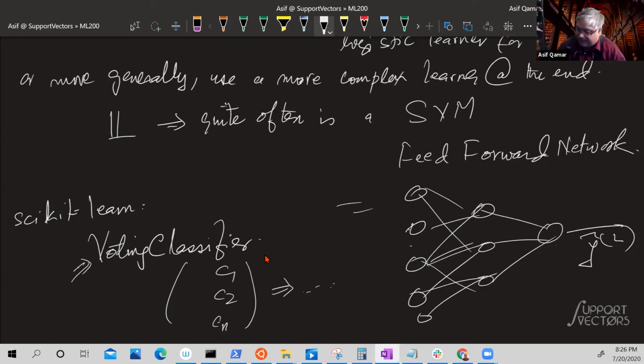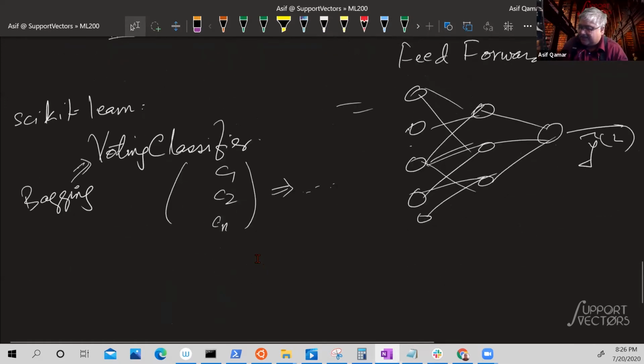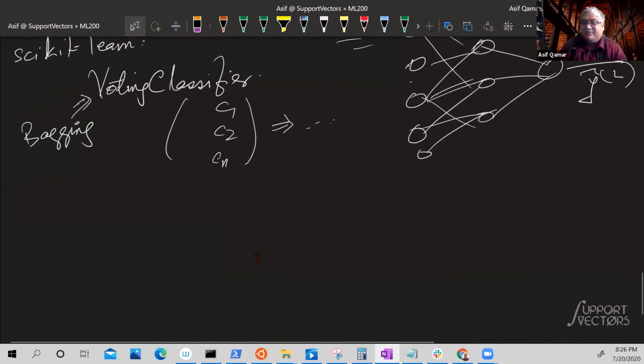That was more along the idea of bagging. Stacking, to my knowledge, scikit doesn't come with built in out of the box, or maybe people have done that. You guys can explore, but stacking you have to build on your own.